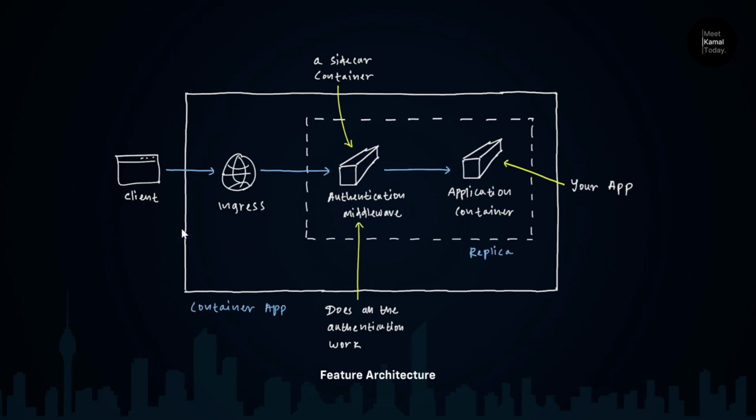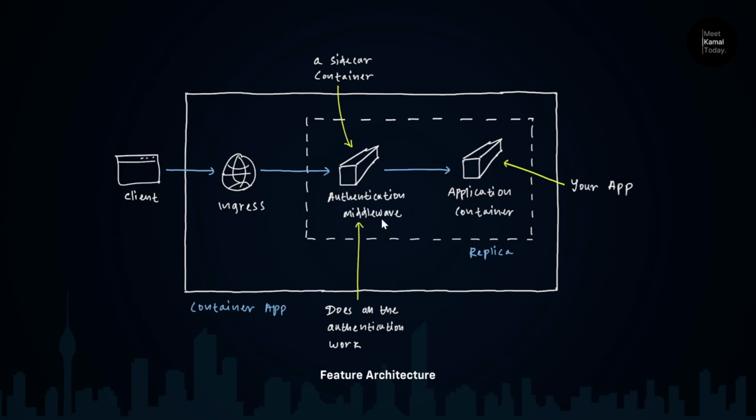As you can see, when the request comes in, it first hits the ingress, and then we have the replica, and in the replica we have the application container. This is basically the application that we are deploying that contains the code that we have written. And when you enable authentication for this container app, what is happening here is that there will be a new container deployed in the same replica as this application container is in.